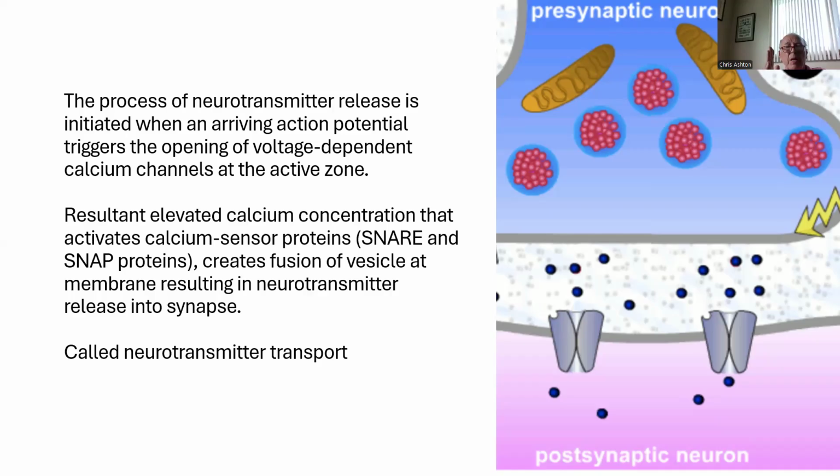So now we're going to talk about what actually happens. I'll just show you here the representation of an electrical charge, an action potential, electrical current that flows down the axon.